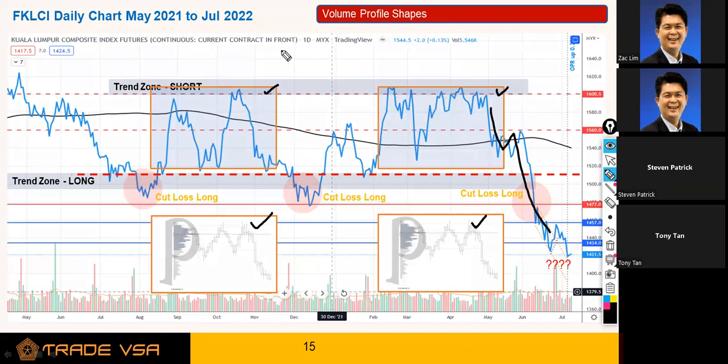But because this is a daily chart for an index, usually it will take time for the entire structure to play out. Foreign investors or institutions don't want to cause a lot of panic, so usually there will be some up and down, and we usually use a trade zone to short the condition and long the condition.